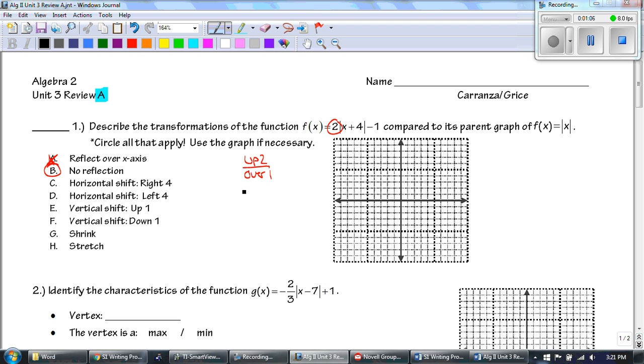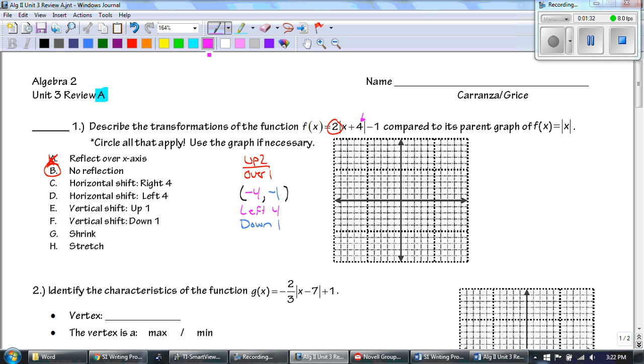The next thing I need to do is look at my vertex. I take the opposite of 4, which is negative 4, and then the negative 1 stays the same. So what that tells me is that I need to go left 4, and then I need to go down 1.